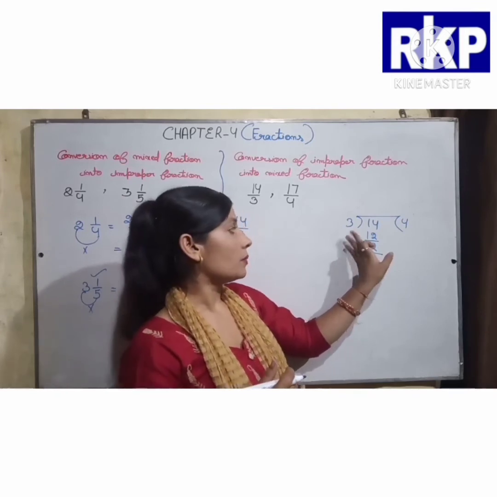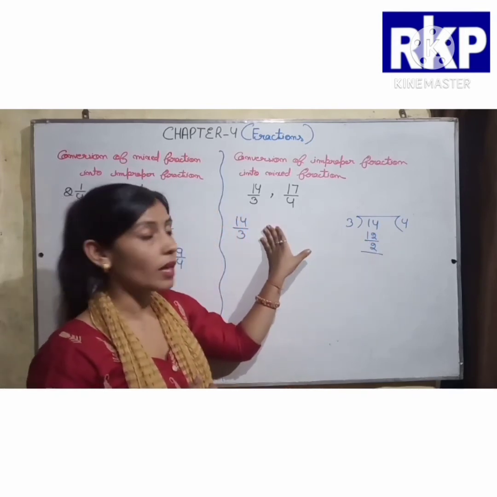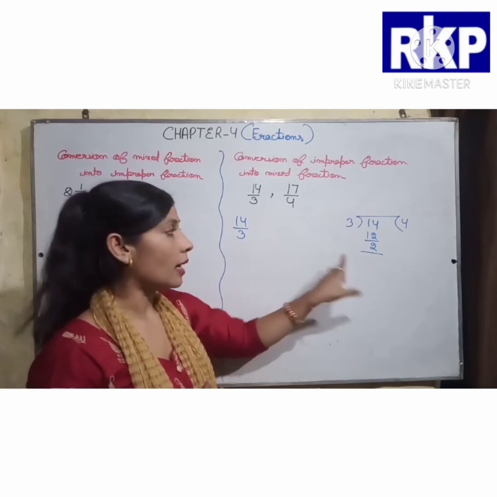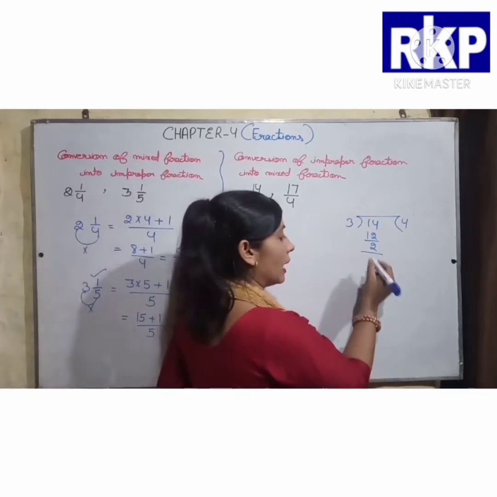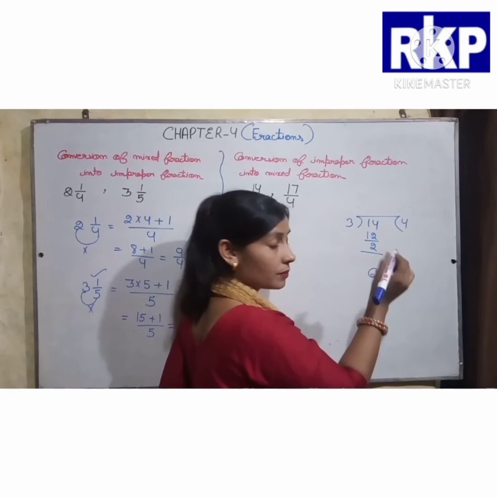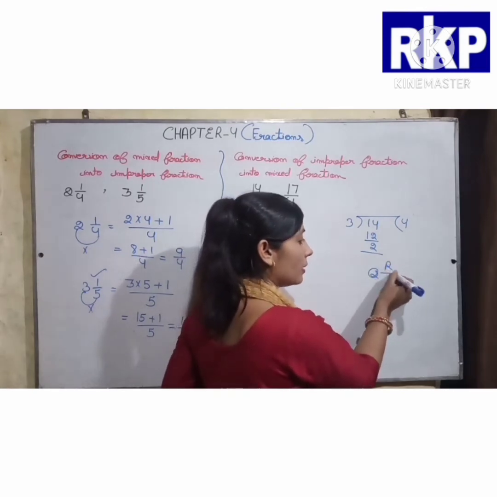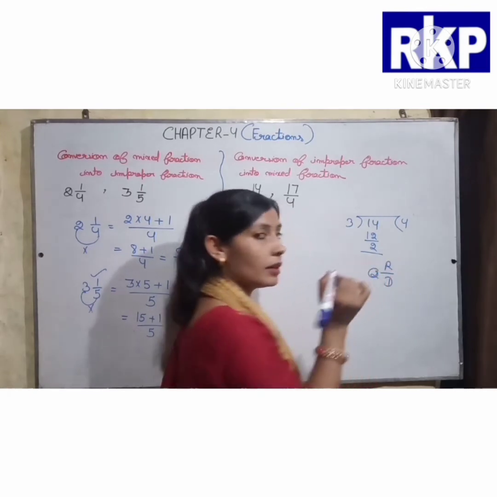Now beta, how can we write our answer? We have to write it like this: quotient, and then remainder by divisor.